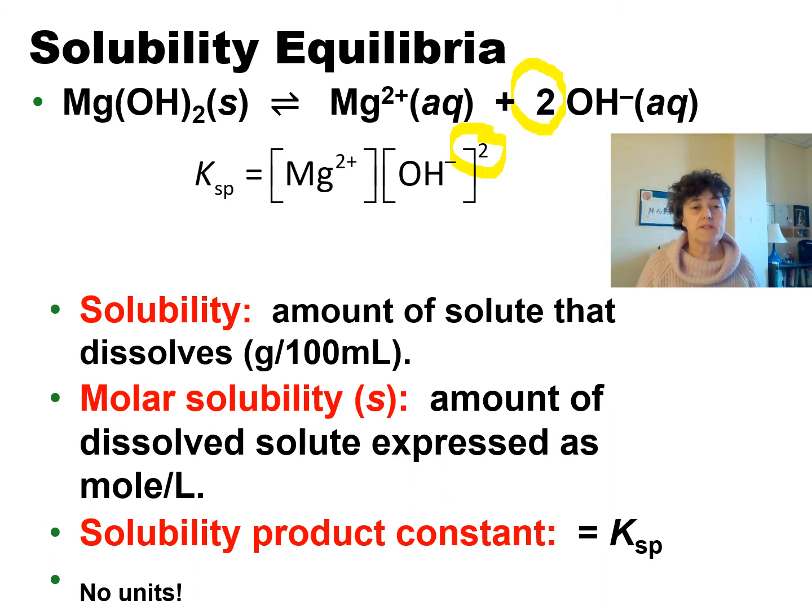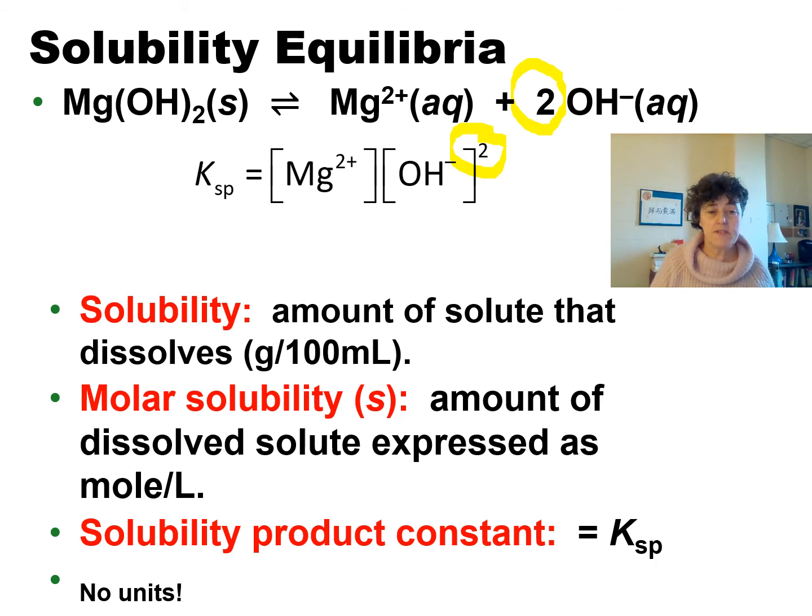So we can either express the solubility as grams of substance per 100 milliliters of solution, or as grams of substance per 100 grams of solution. If the solution is very dilute, it's not going to produce any difference in the numbers.